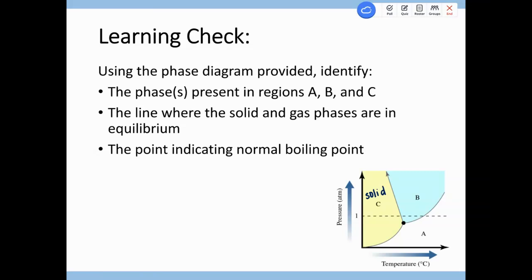We have really low pressure and high temperatures. Those molecules would have a lot of energy. They'd be able to move around a lot. This is a gas phase. And then a mixture: not super low temperature, not super low pressure. We have a liquid in between.